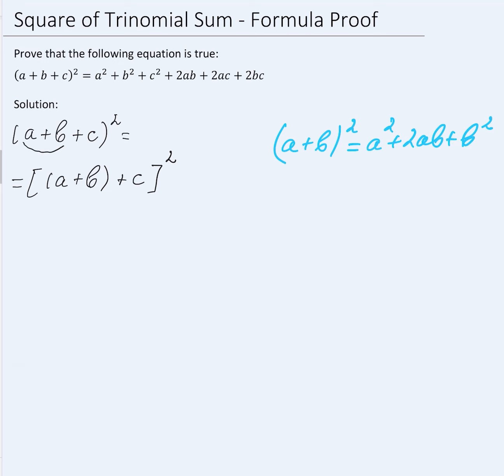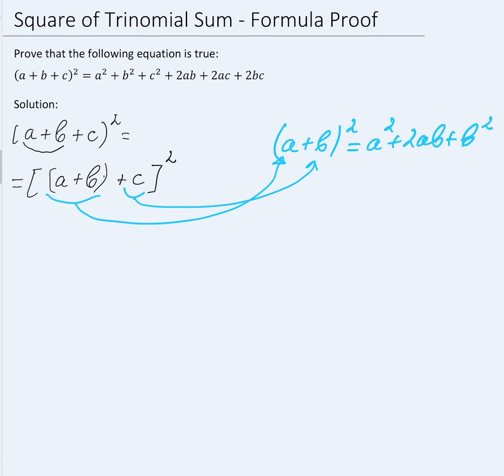Using this formula, in our case, the first term (a + b) in parentheses is going to be our first term a in this formula, and c is going to be our second term b in this formula.